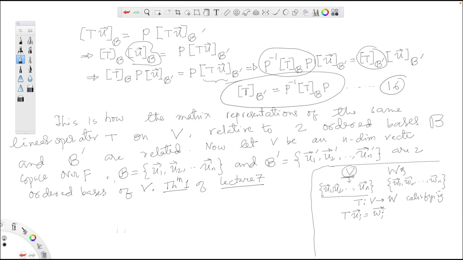There are two parts of the proof: one is the existence proof and the other is the uniqueness proof. We did it in Lecture 7.